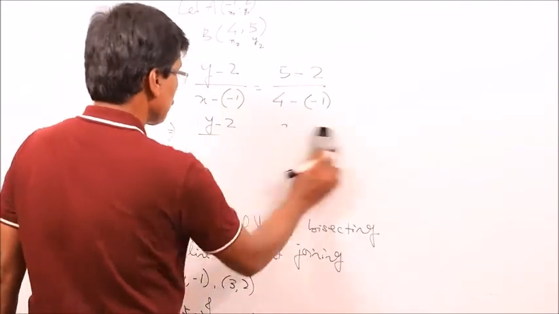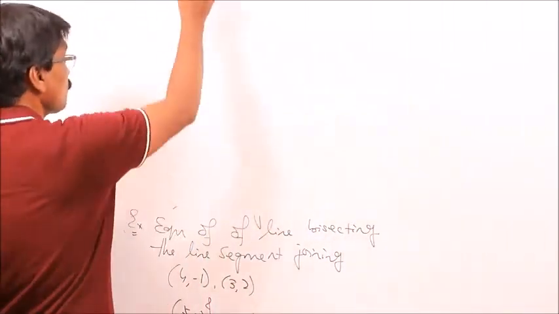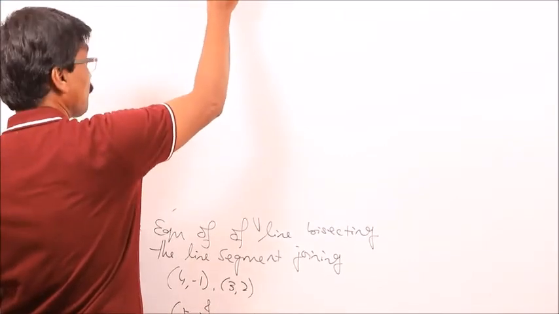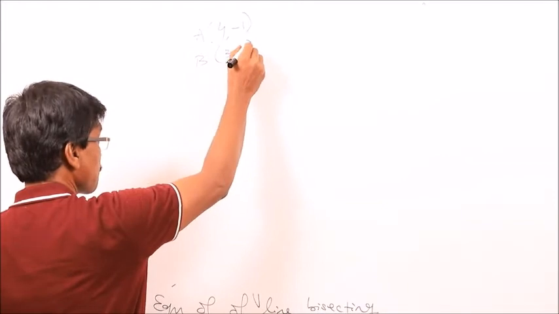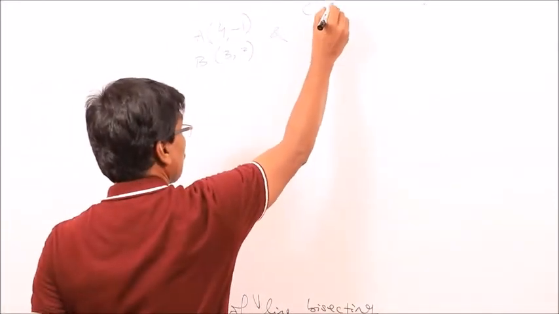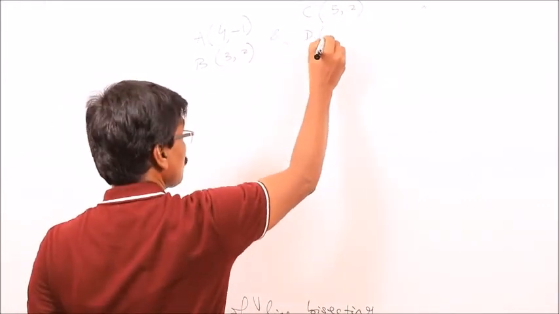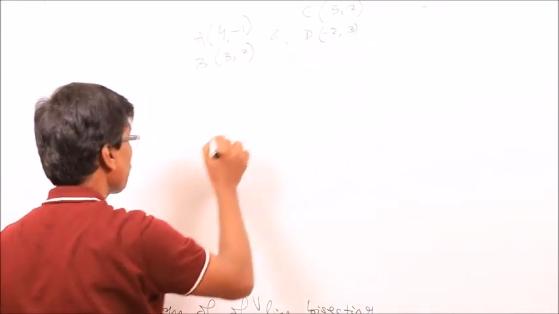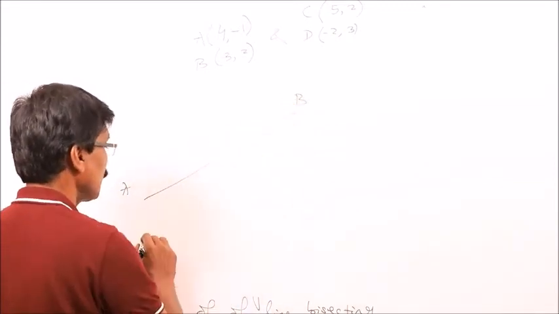So, suppose these 2 points are A 4 minus 1, B 3 2 and C 5 2, D minus 2 3. So we have 2 line segments AB and CD.